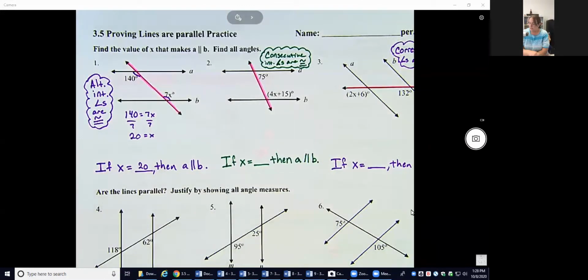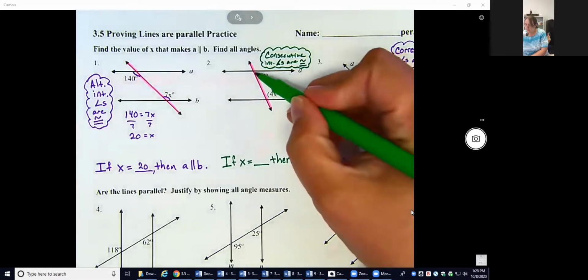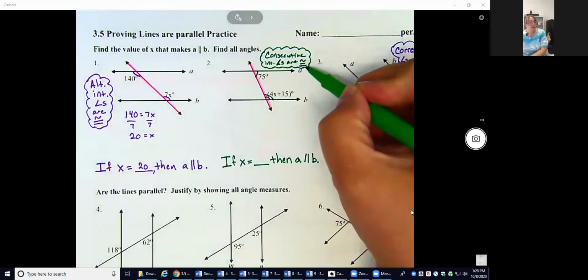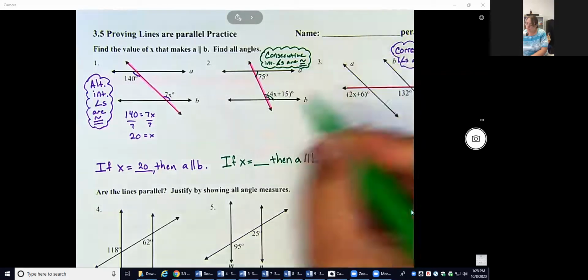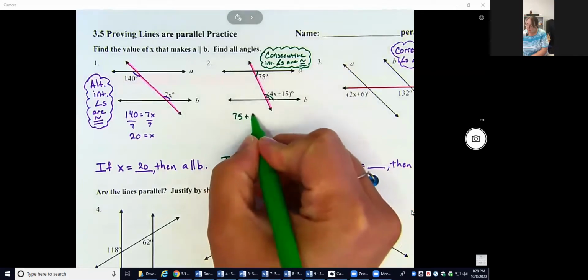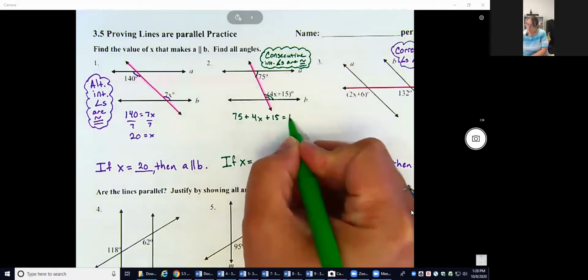Let's look at this next one, number 2. This angle relationship happens to be consecutive interior angles, and consecutive interior angles are supplementary. So to make this one work, you would do 75 plus 4x plus 15 equals 180.